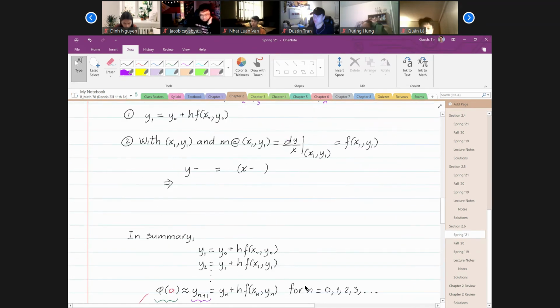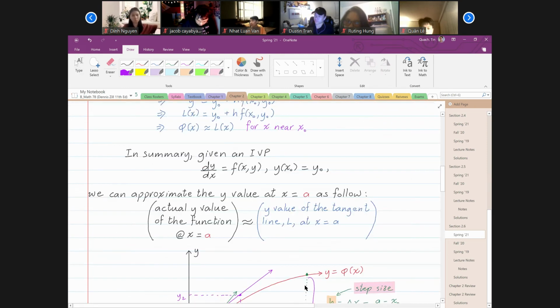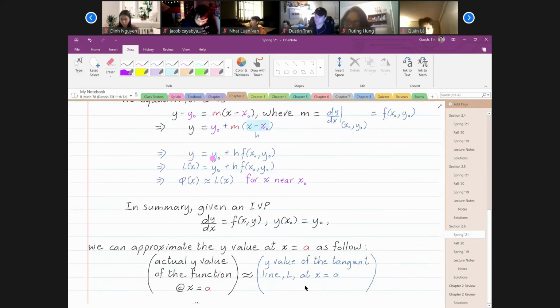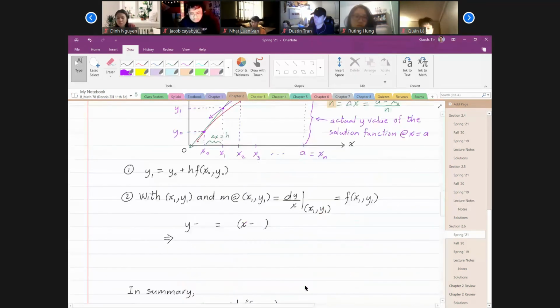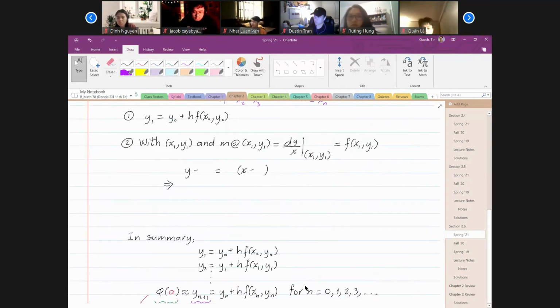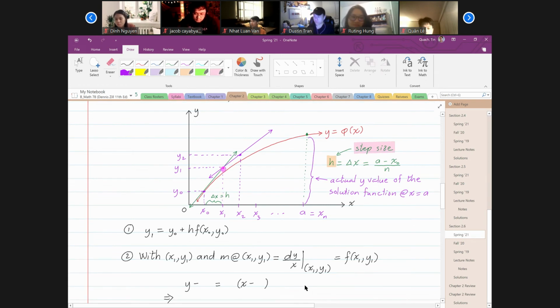Okay, so here is how we do it. First, we find y1. We did that already, from right there. Because we use y1. So now with x1, y1 right here, you can get the slope of the tangent line.